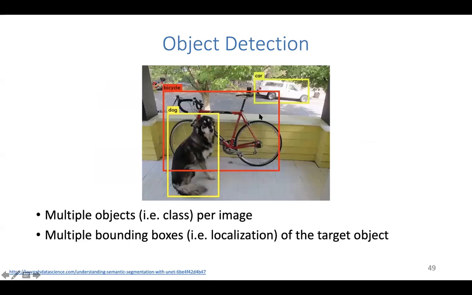Given an image, usually you would have about 5 to 10 objects, maybe 20 objects maximum. That depends on what kind of model you use. If you use something like Fast R-CNN, then that requires a lot of processing.